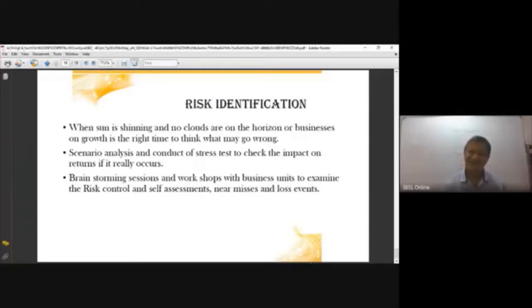One external event out of the blue came: COVID-19. Now everything has changed, because in risk management, if you have identified that this sort of thing will affect us, and if we have taken precautions, we could have done better.